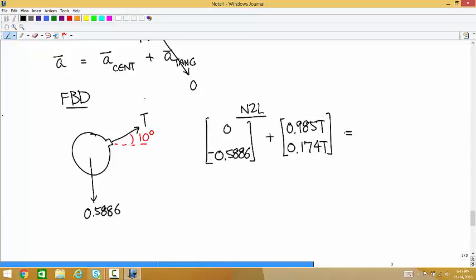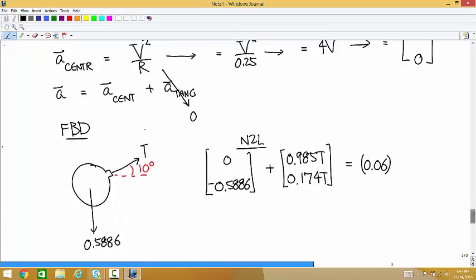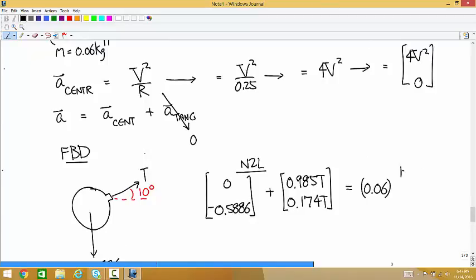And then those are equal to the mass times the acceleration, so 0.06 times the acceleration that we just figured out above, 4v squared, 0.